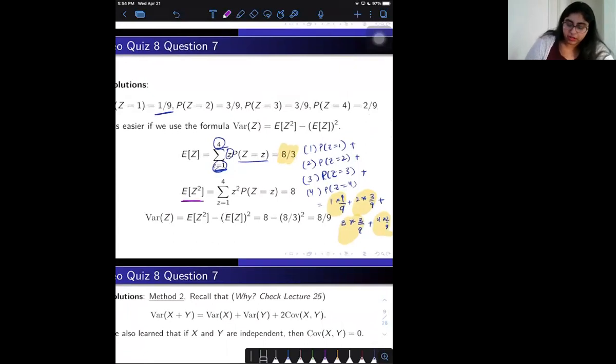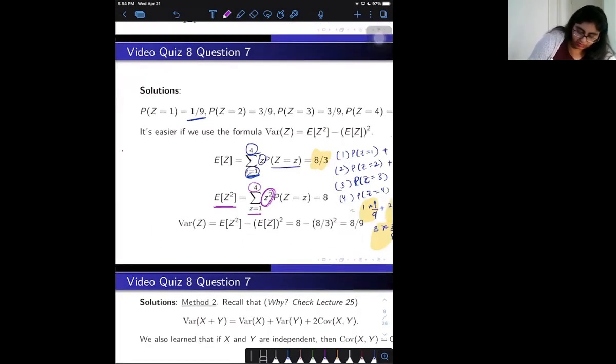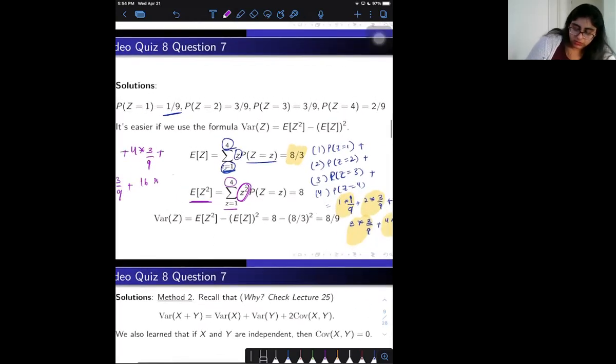Similarly, you can find the expected value of Z squared. Again, Z is going from 1 to 4, but now instead of Z, we have Z squared. But the rest of the things will stay the same. So if we have Z equals 1, it will be 1 times the probability when Z equals 1, which is 1/9, plus, for this purple one, 2 squared. So 2 squared is 4, so I'm just going to write 4 here. 4 times 3 over 9 plus 3 squared, which is 9, times, again, 3 over 9, plus 4 squared, 16, times 2 over 9.